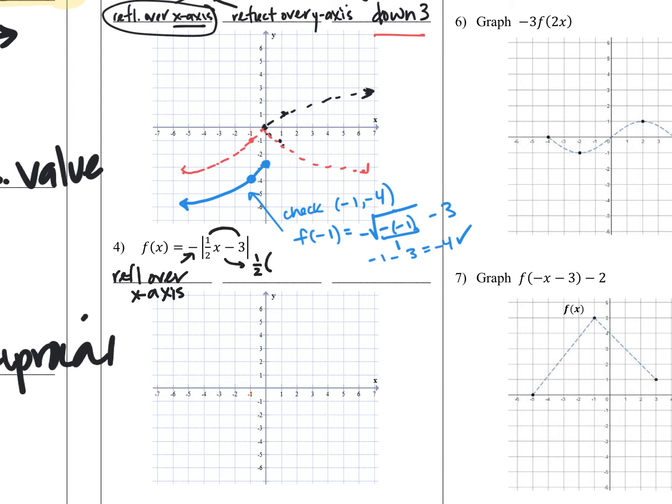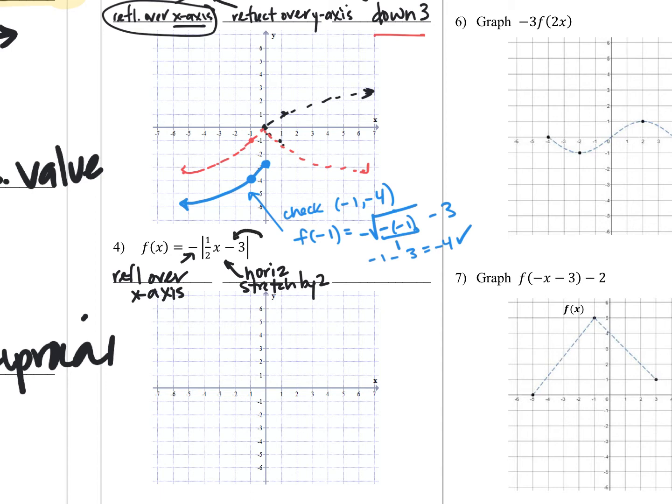But I mean, if you don't like that, there's other things that you could think of. This is still going to take half of every x value you plug into it. So our x's horizontally have to double. So it's a horizontal stretch by 2.